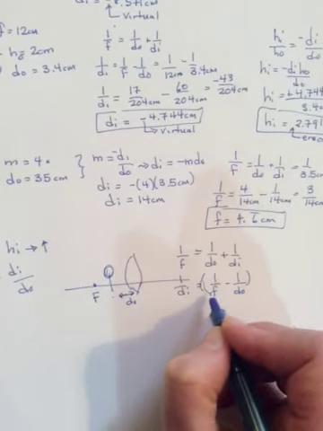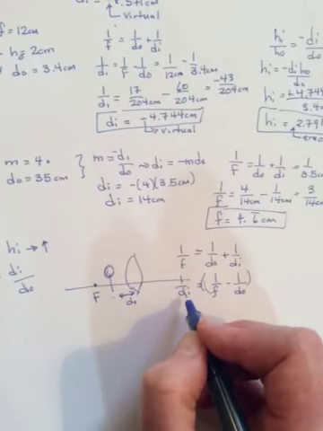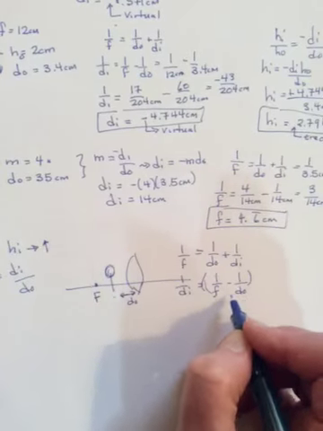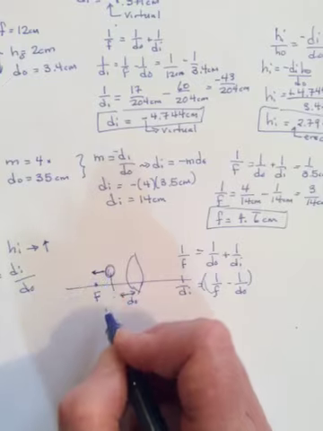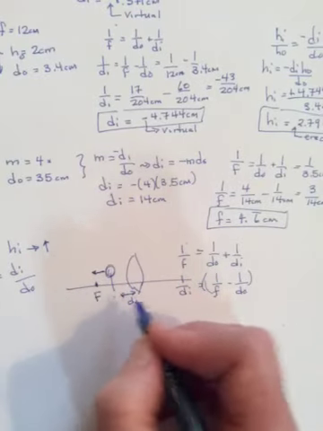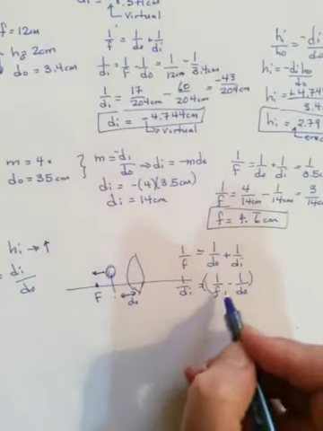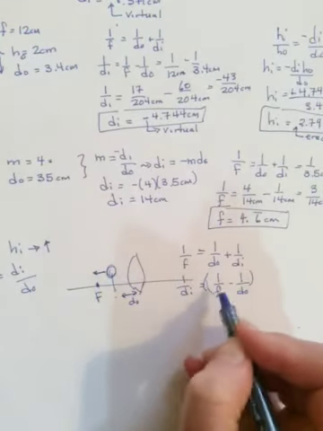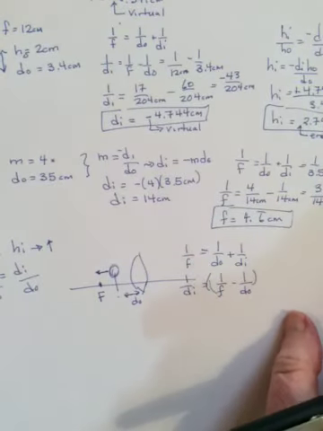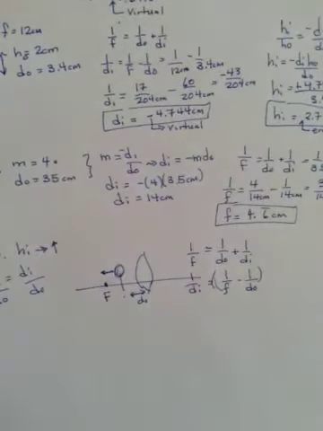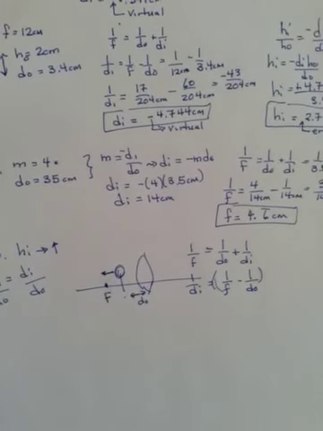And the smaller this difference becomes, then the bigger DI will become. Okay, so what should you do? You should move the object towards F. Is there a limit? Yeah, F is the limit. If you get to F, there's going to be no image, because then the difference will become 0, and you can't do 1 over 0 to find DI. Okay, so move your object out to F, but don't put it right at F. Get it as close as possible.